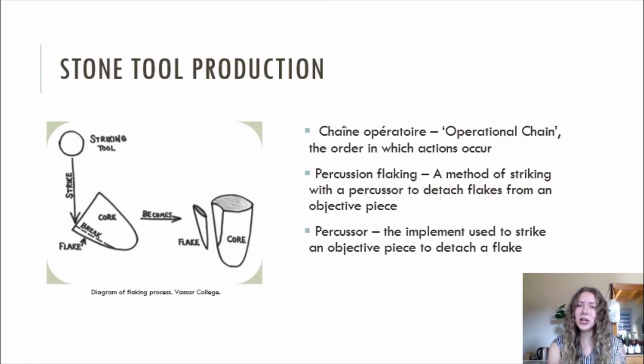By definition, it's a method of striking with a percussor to detach flakes from an objective piece. And the percussor, as I mentioned before, usually a hammerstone, is the implement used to strike the objective piece for flake detachment. There are other forms of percussors as well, but for now we will stick to hammerstones, which would be known as hard hammer percussors. This is something that we'll be discussing next week as well.